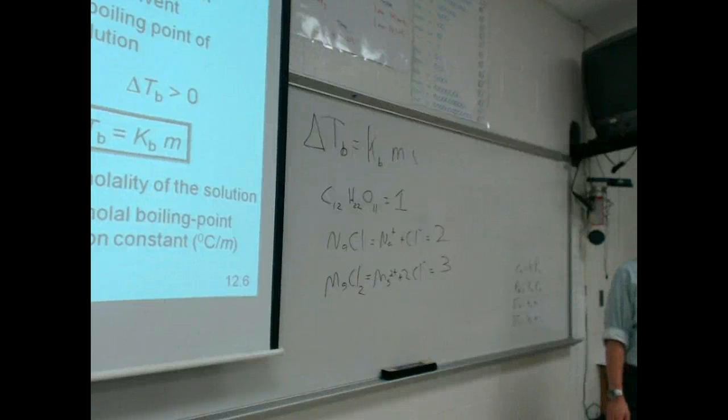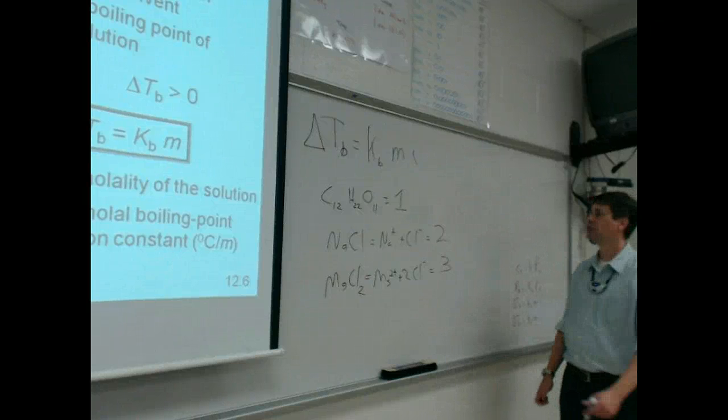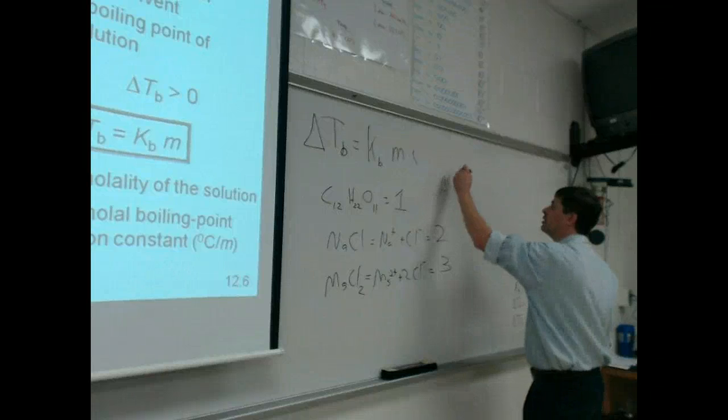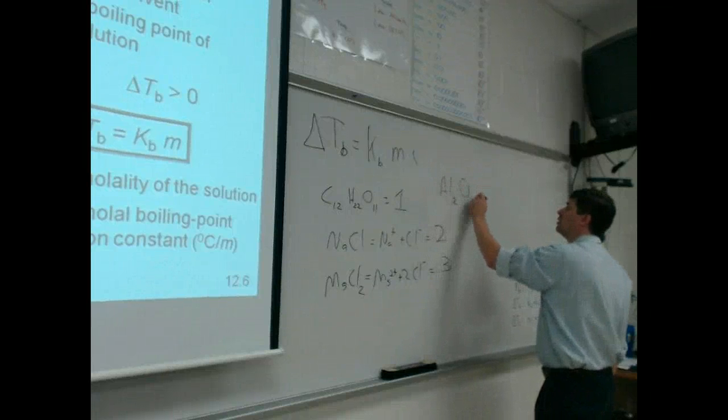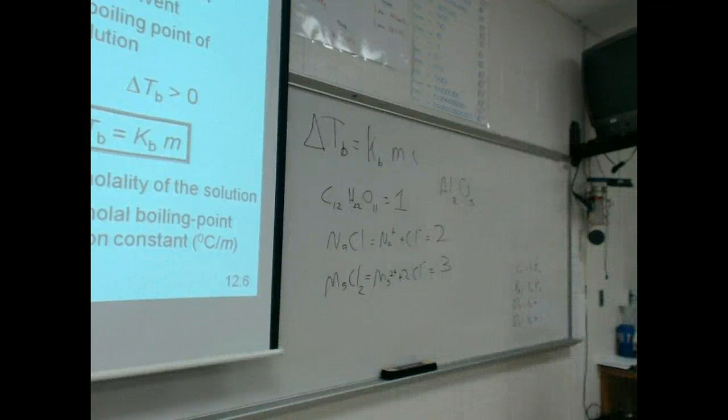Do I need to do another example of how to find the Van't Hoff factor? What would be my Van't Hoff factor for aluminum oxide?